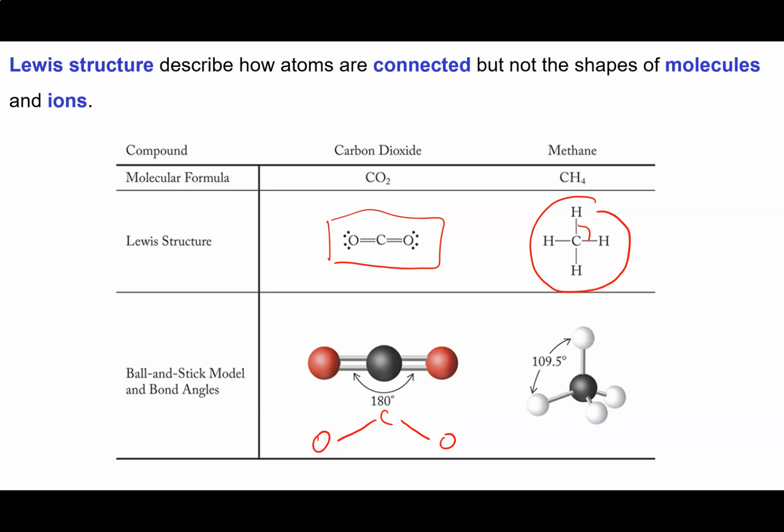And we also tend to indicate that it's flat. In reality, it is not flat, it's three-dimensional, and the hydrogen-carbon-hydrogen bond angle is nowhere near 90 degrees, it's actually 109.5. So the Lewis structures are not intended to indicate the shapes of the molecules, they're just intended to tell you how electrons are being shared.